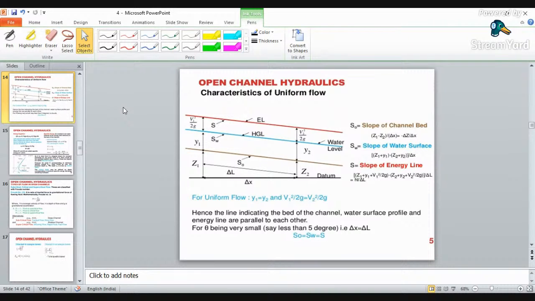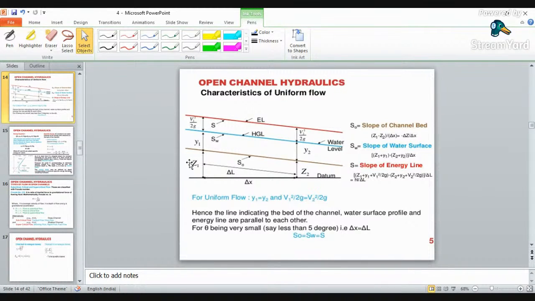Now consider two sections in this uniform flow channel. At section 1, you have characteristics like A1 as area, V1 as velocity, and Z1 as datum height. At section 2, you have V2 as velocity, A2 as area, and Z2 as datum height.